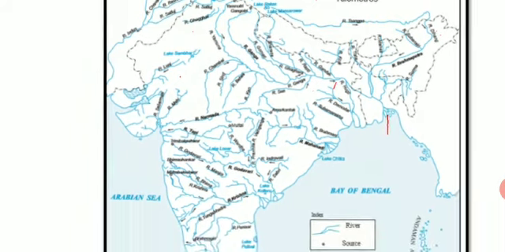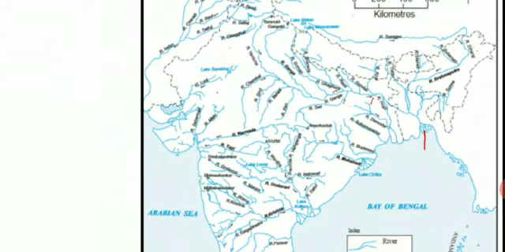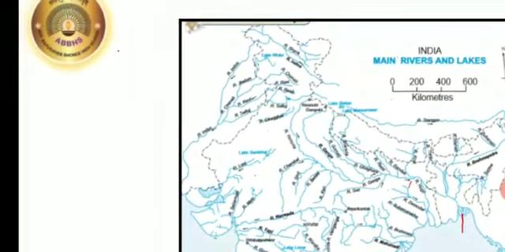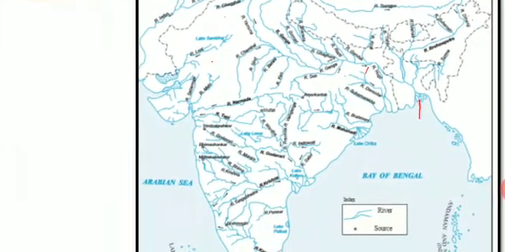The river Ganga receives Brahmaputra as its major tributary in the lower reaches of Bangladesh. The huge volume of water and deposition by both these rivers has led to formation of the largest delta in the world, that is the Sundarbans.